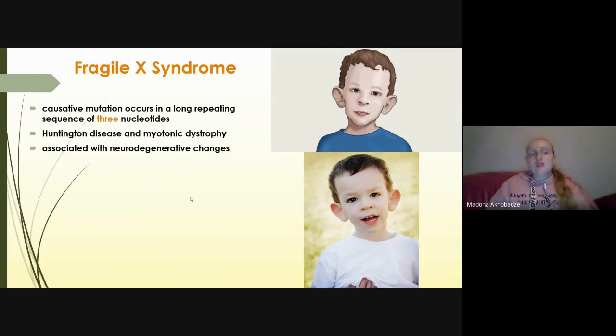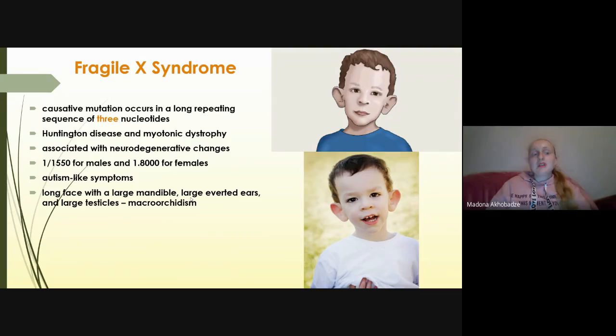Okay, so it is associated with neurodegenerative changes. It's like Down syndrome for males, and for females it is less frequent. Autism-like symptoms, a long face with a large mandible, large everted ears, and large testicles, macroorchidism, are the clinical features of Fragile X syndrome.